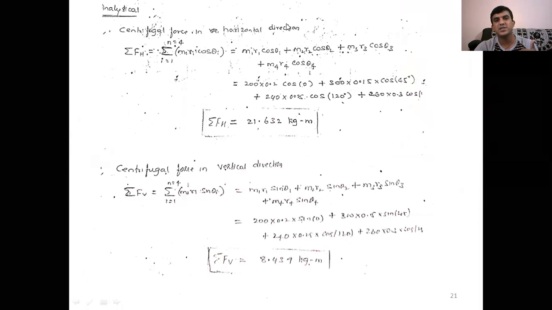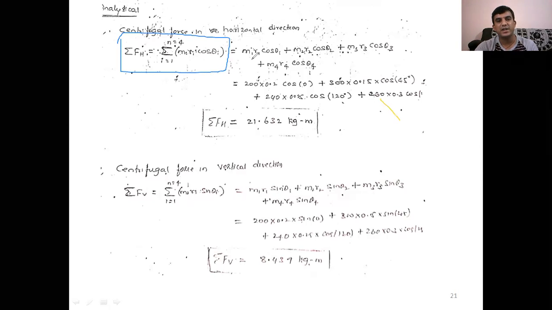centrifugal force in the horizontal direction. What is the formula we use for the horizontal direction? Vector sum of all the forces in the horizontal direction is equal to summation of mi ri cos theta i, where i varies from 1 to n, where n is equal to 4.